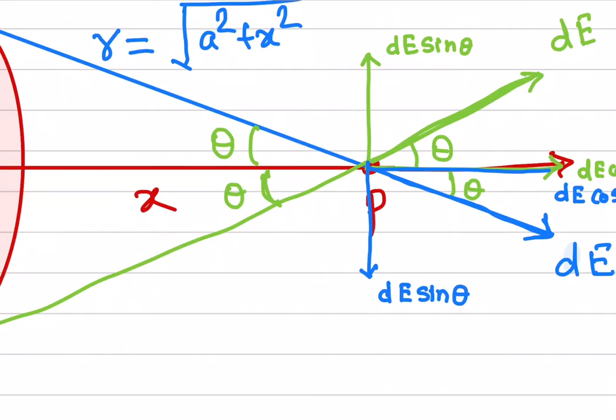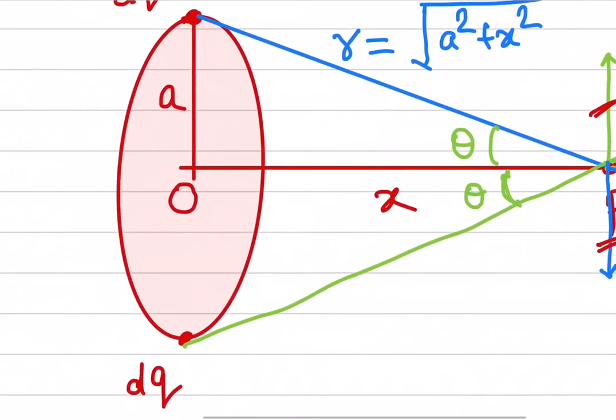So what you see now, this dE sine theta and this dE sine theta are in equal and opposite directions, so they cancel out. So we do not have any electric field along the y direction because they are equal and opposite, and along the x-axis they add up together.